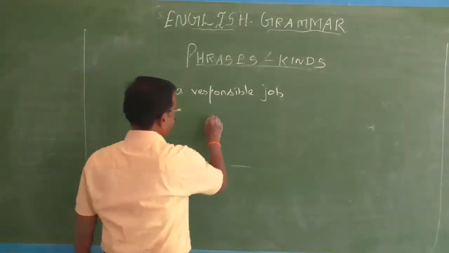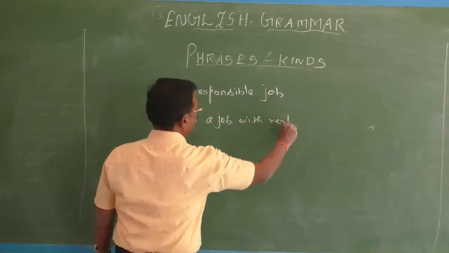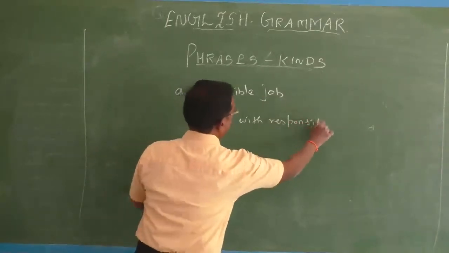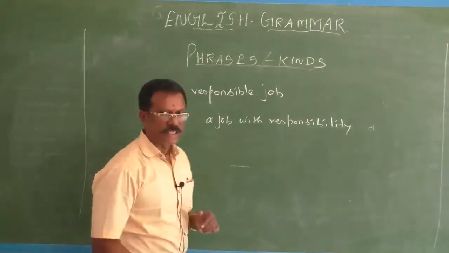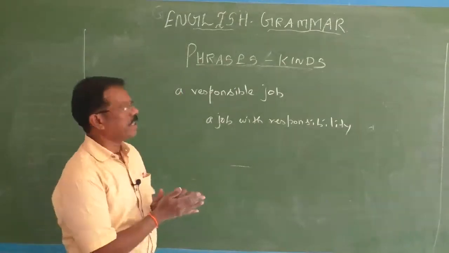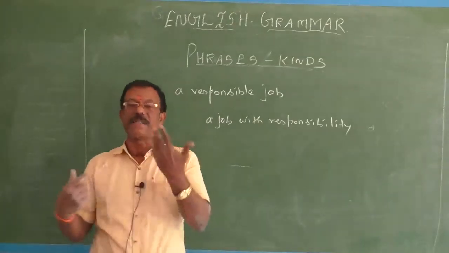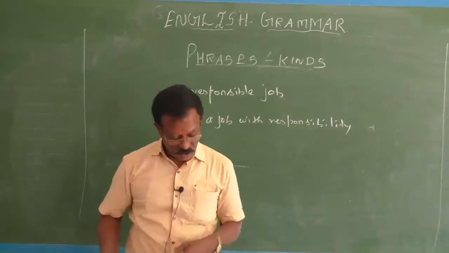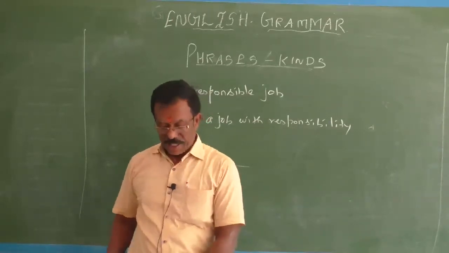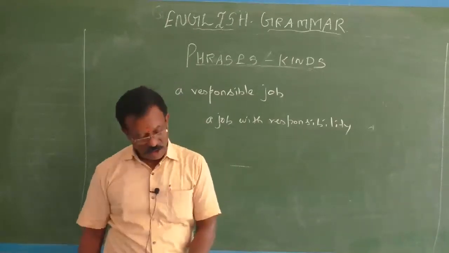A job with responsibility. Okay. Teaching others is a job with a responsibility. A professional actor, an actor by profession. In this way, an adjective can be expanded into an adjective phrase.